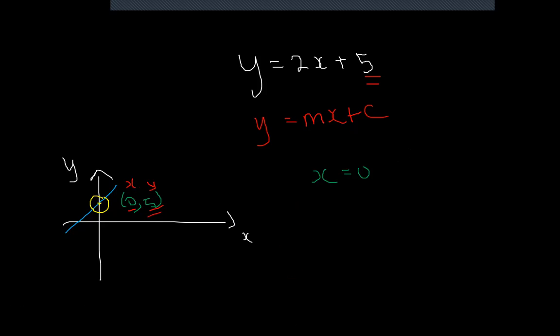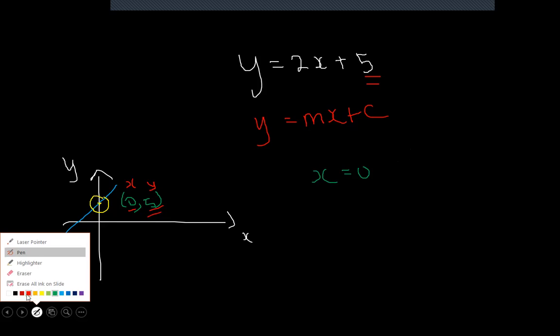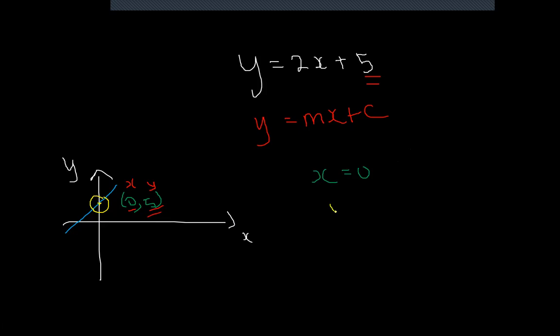If I wanted to calculate it, this is how you calculate it. So y equals 2, and wherever the line cuts the y-axis the value of x is 0. So instead of putting x, I'll put 0 here, plus 5. This would help me to find the y value.